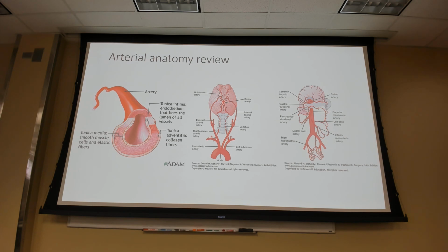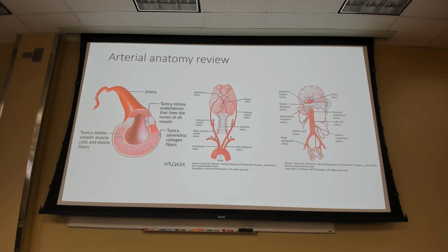So we'll start with the anatomy here, and really the takeaway is we have 3 layers to our vessel or arterial wall. We've got our intima, our media, and our adventitia. The adventitia is probably, for structural integrity, the most important part of the artery, and it's what we base our cardiovascular interventions on.